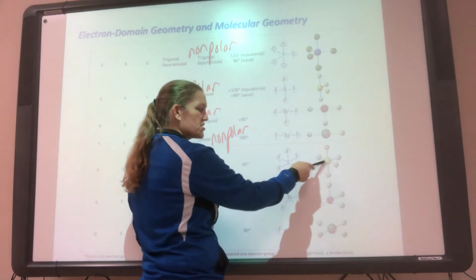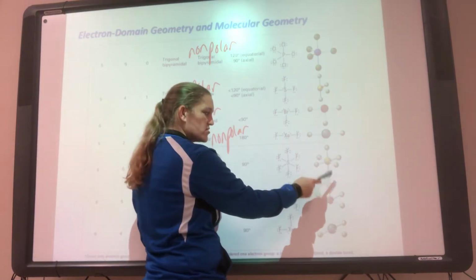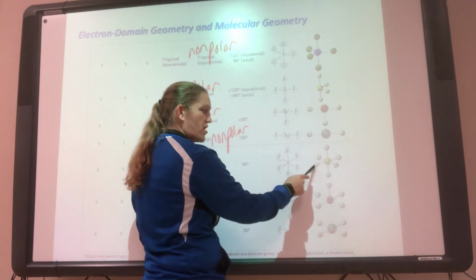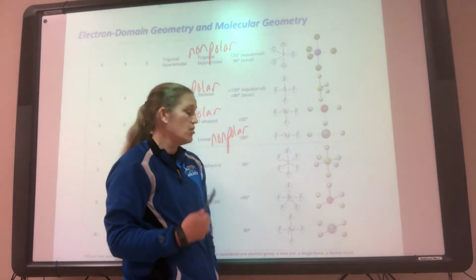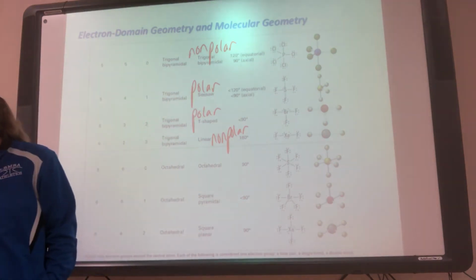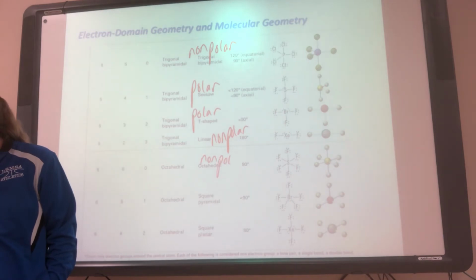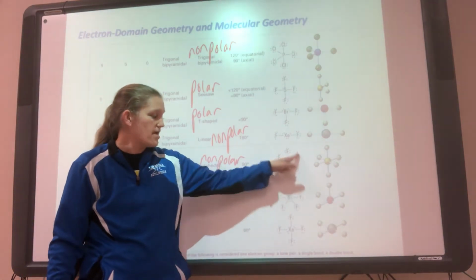This guy pulls the exact same amount on the opposite side. So if these two cancel, these two cancel, these two cancel, everybody cancels, so does the central atom move? Nope. So if he doesn't move, what is it? It's non-polar. The only way this is polar is if one of these elements is not the same.